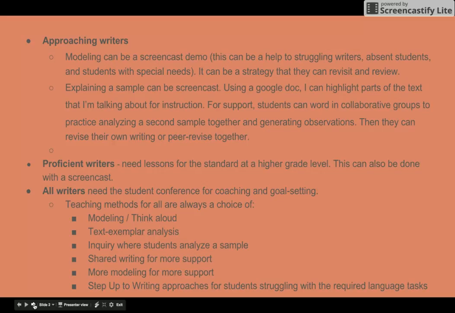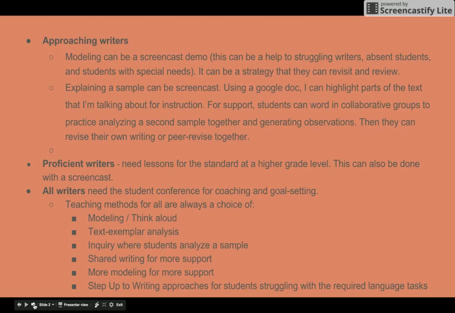You can screencast those, and screencasting is very helpful because students can look back on your screencast and the sample, and you can highlight the part that you're talking about to identify it.